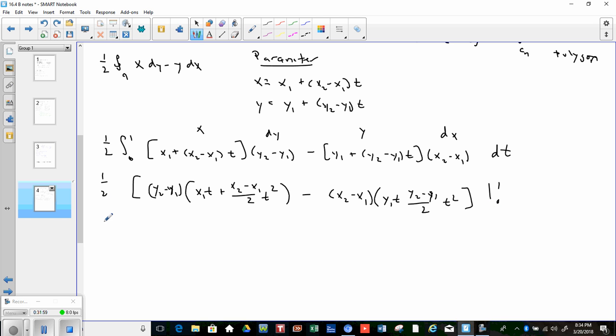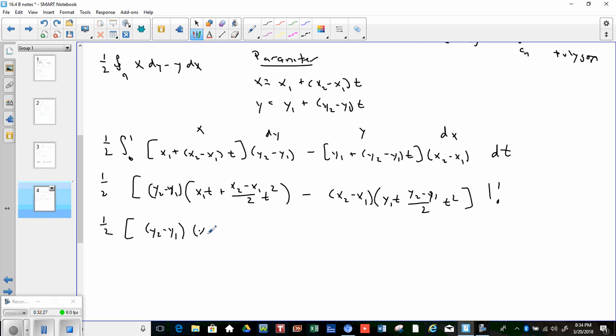All right, so let's go ahead and plug some stuff in here. The good thing is if I plug in 0, I get x1 times 0 is 0, all this times 0, so this whole thing is 0 times this is 0. Everything goes away when I plug in 0, so really only have to worry about plugging in 1. So when I plug in 1, remember you're plugging in 1 for t, so you're going to get y2 minus y1.